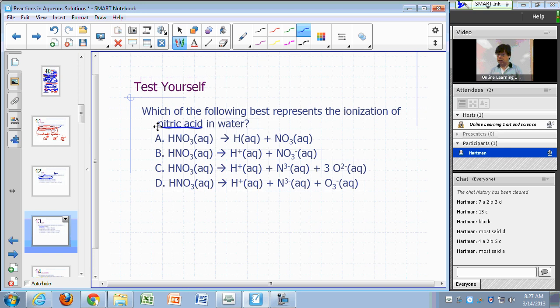You have to go back to your list of strong acids. Is this one of the strong acids? And what does an acid do in water?